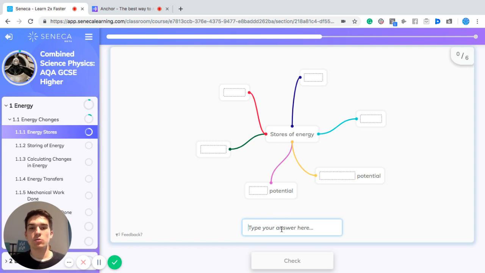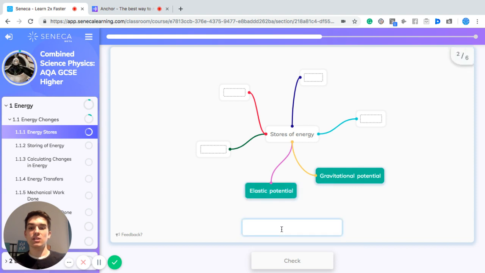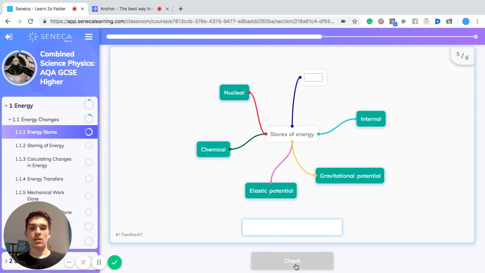So, can you remember those stores of energy again? See if you can run through them and get them before I can. We've got gravitational potential, elastic potential, nuclear, internal, chemical, and what are we missing?